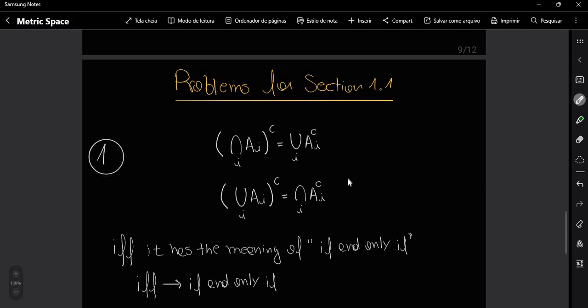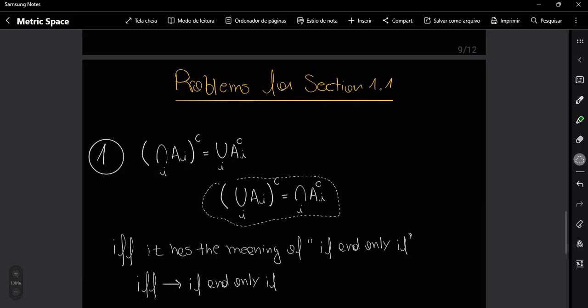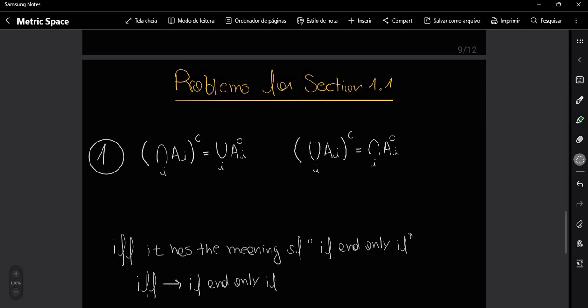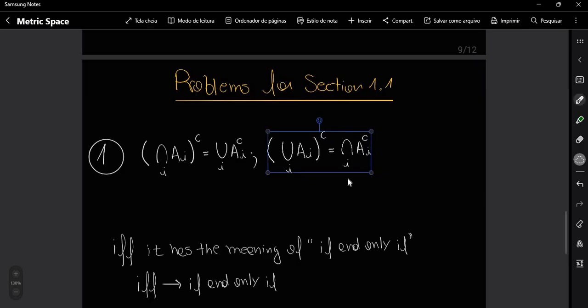So these are two different equations. One represents an arbitrary intersection of a collection of sets, and this one an arbitrary union of a collection of sets. And we need to prove that it is true.